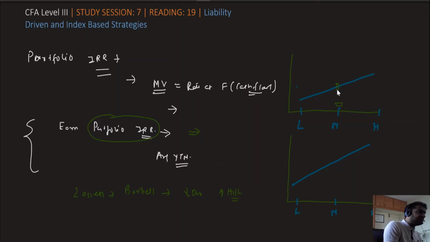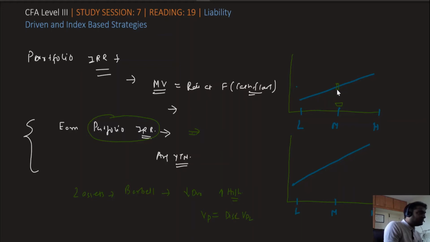So what conditions do we need to fulfill to immunize this portfolio? I'll write them down right here. First, we need to make sure that the initial value of the portfolio, which is the asset side, is equal to the discounted present value of the liability.